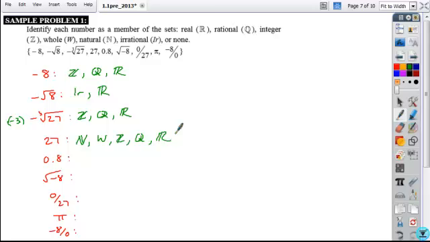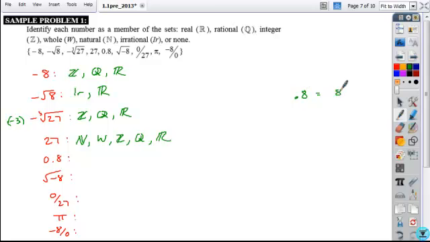Okay, what about 0.8? Does 0.8 fit into any of these most specific cases, natural or whole? Is it an integer? No, integers don't include decimals. So we move up. Can you express that as a fraction? Yeah. And anytime you're dealing with a terminating decimal, and we'll talk about this in more detail in a second, the way that you can express the rational form of this is to take all of the digits of your number.